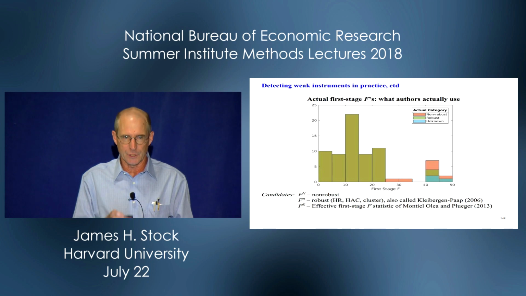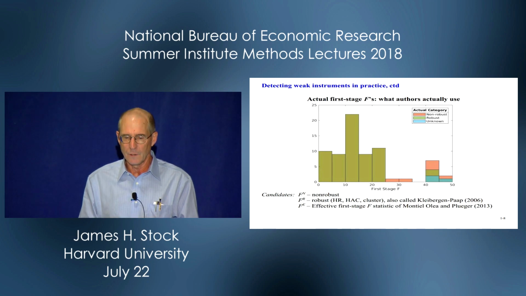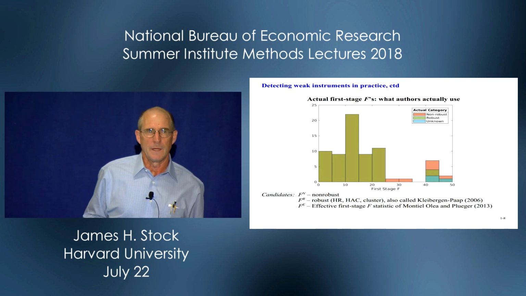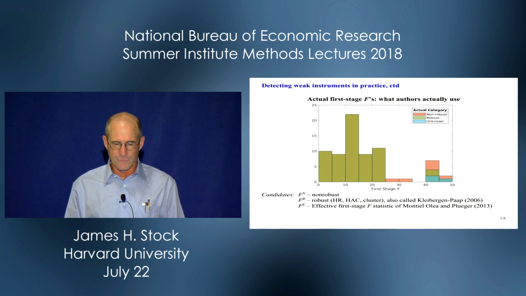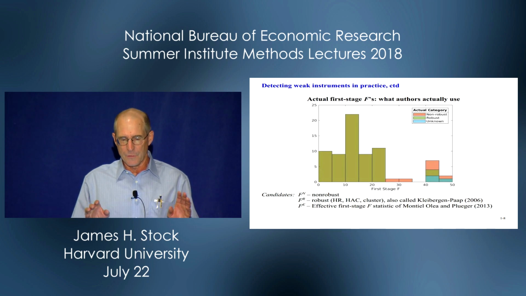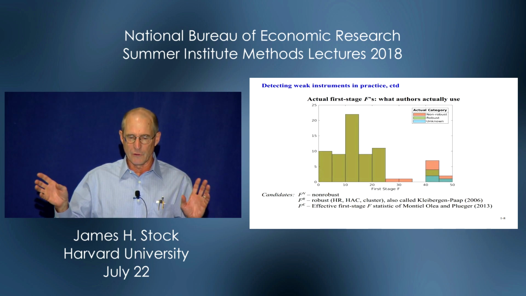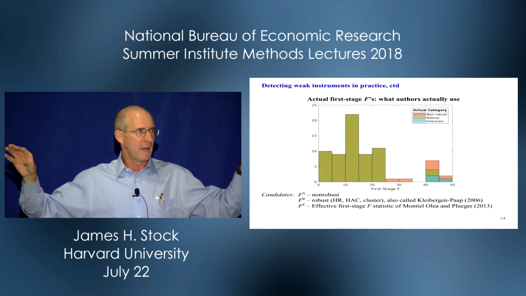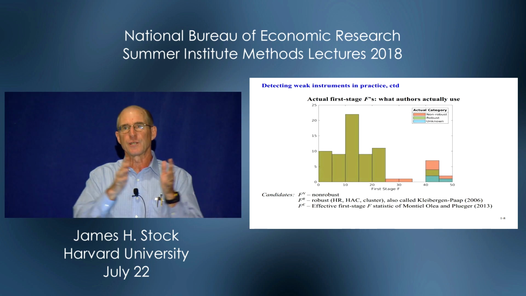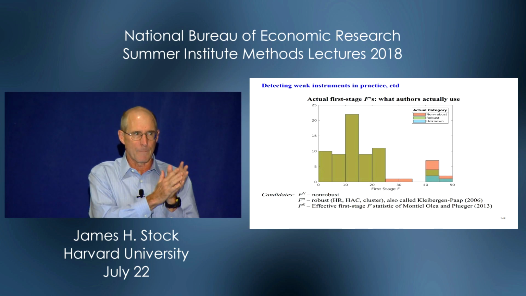All right, so that's the review of the literature, and there's going to be a lot more on this simulation in Isaiah's part. Okay, here's our recommendation. There are 4 possibilities, except 2 of them are the same. Doing Kleibergen-Paap and doing the heteroscedasticity-robust first stage F are actually the same thing. So that's option 1.